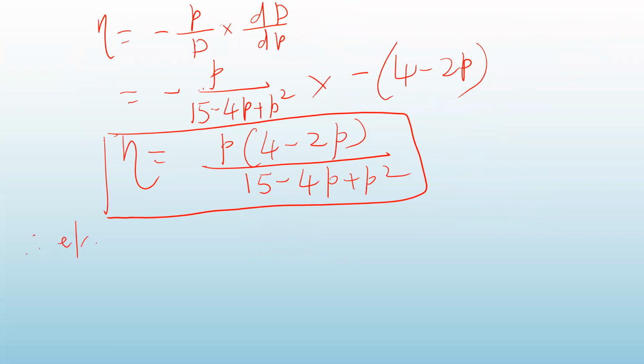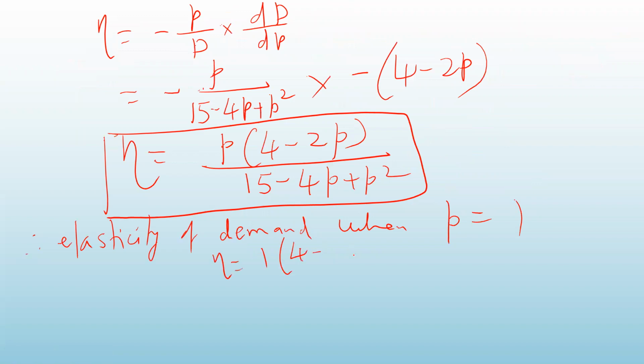Therefore, elasticity of demand when p is equal to 1 will be what? In this formula, put p equal to 1. So what will you get? 1 into 4 minus 2 into 1 divided by 15 minus 4 into 1 plus 1 square. That will give you 4 minus 2 into 1.